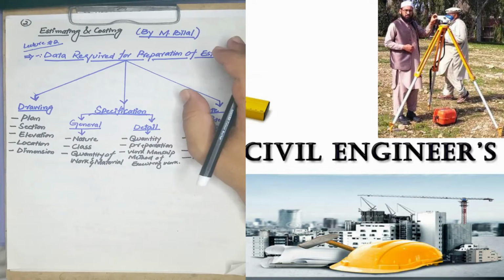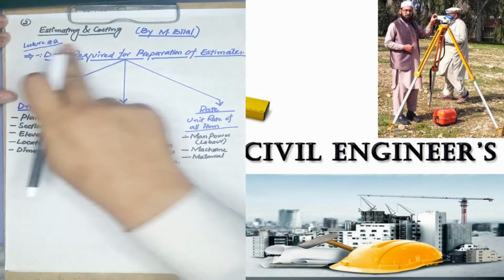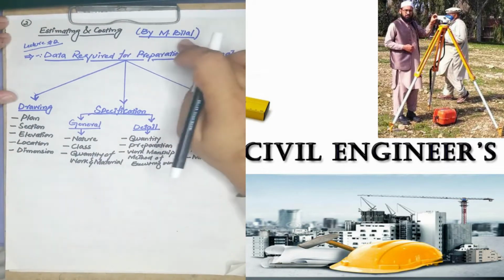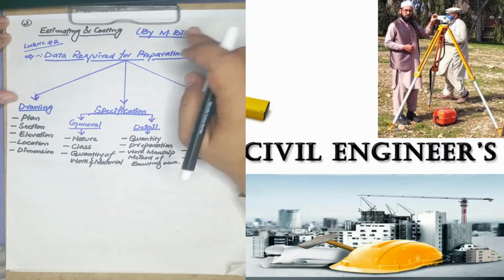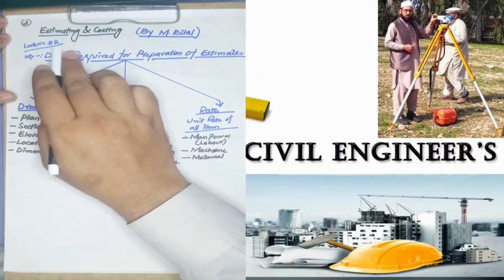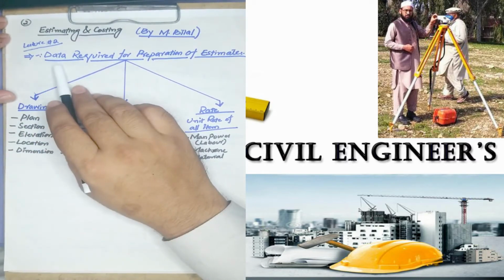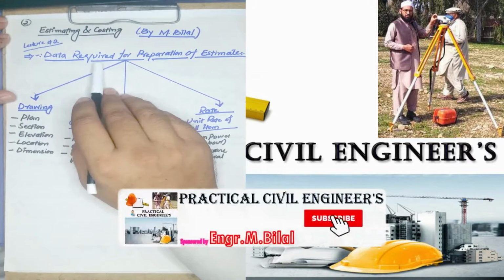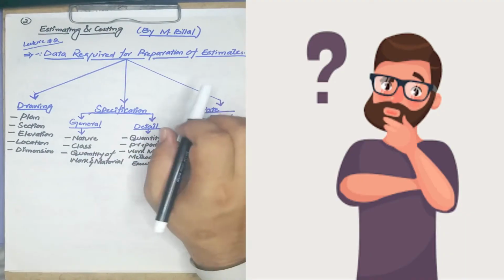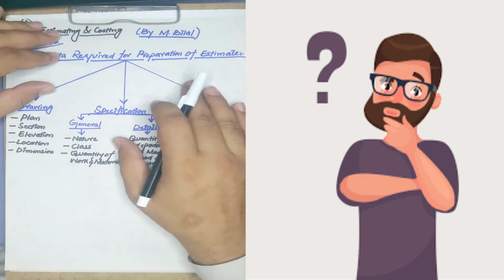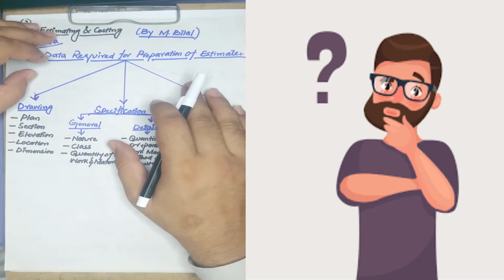In the continuation of the previous lecture of estimating and costing by Engineer Muhammad Bilal, today's lecture is lecture number 2. Our topic is data required for preparation of an estimate. Which type of data is required?